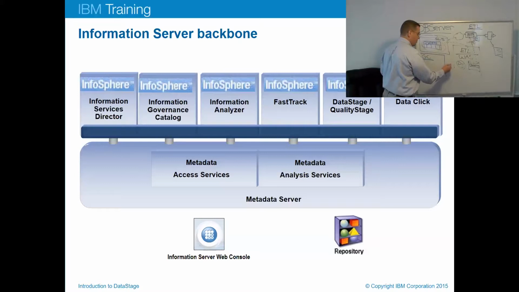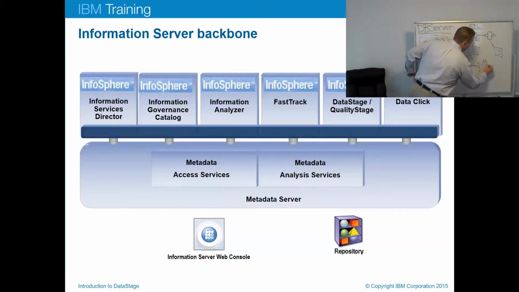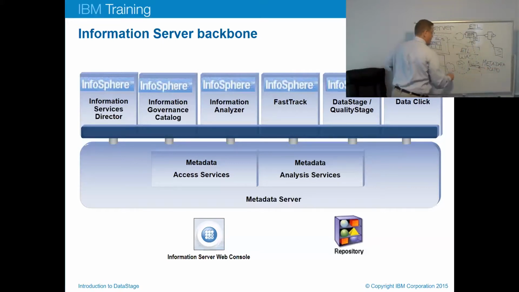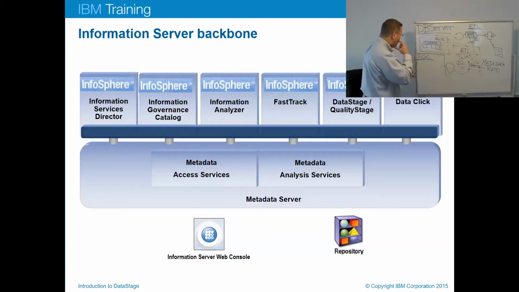It's primarily a web-based tool. There's a couple of different GUIs, but it's primarily web-based. And it plugs in to that shared metadata repository. That's our metadata repo for short. So the governance catalog will plug into that.